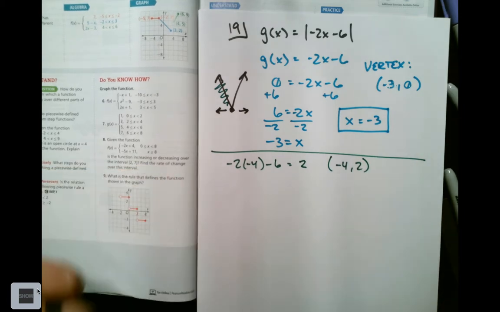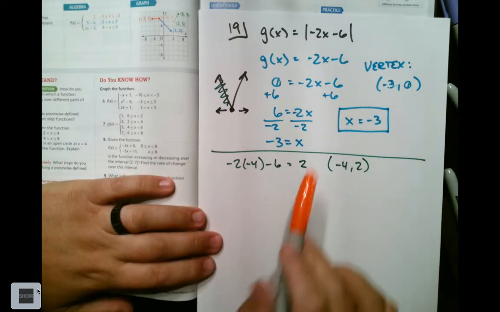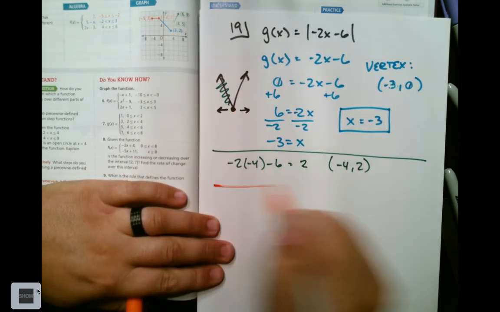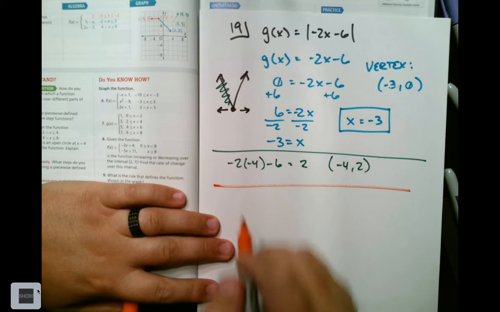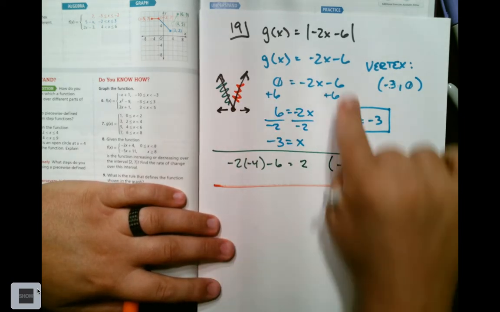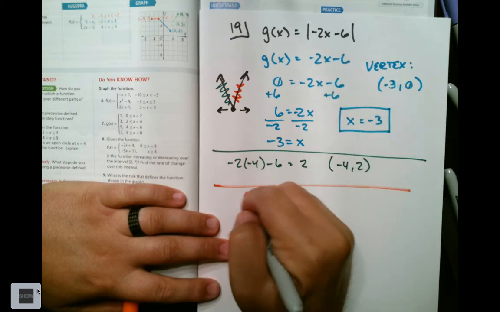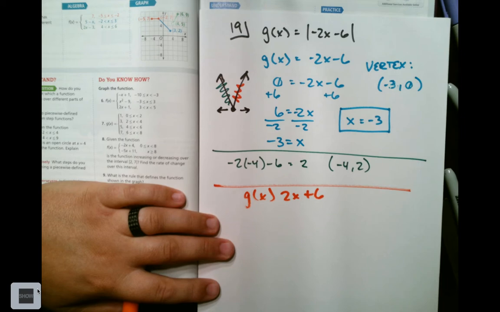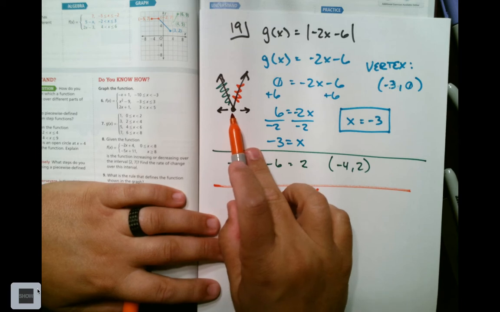My other line, how do I know that? Because the equation has negative 2x, that's a negative slope. So the second equation is going to be the positive slope. Instead of negative 2x minus 6, I'm going to use positive 2x plus 6. So pick a point to the right of that vertex. That vertex, again, is at negative 3.